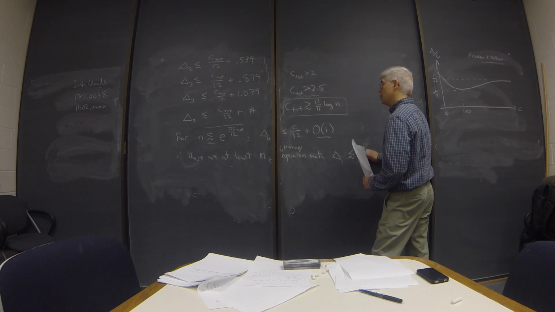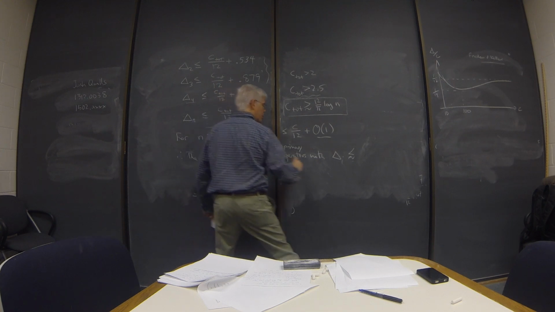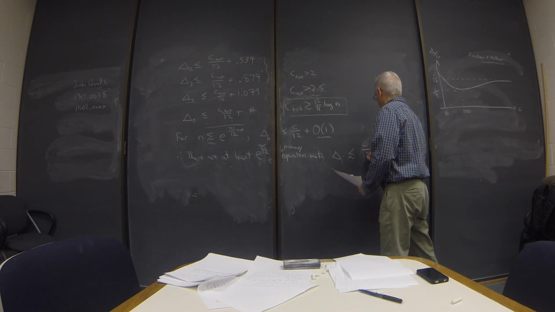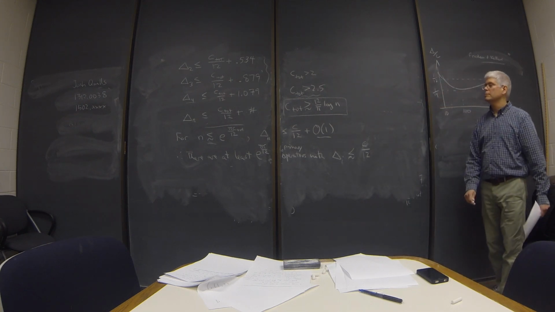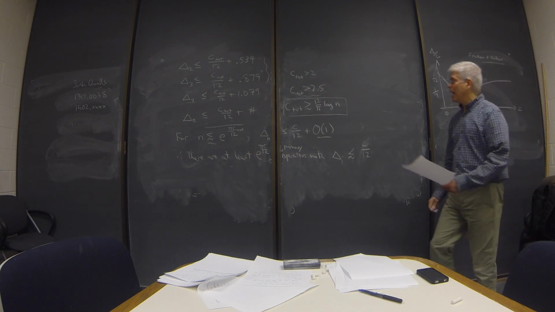Excuse me, there are at least e to the pi c over 12 operators with delta below c over 12. That's a lot.